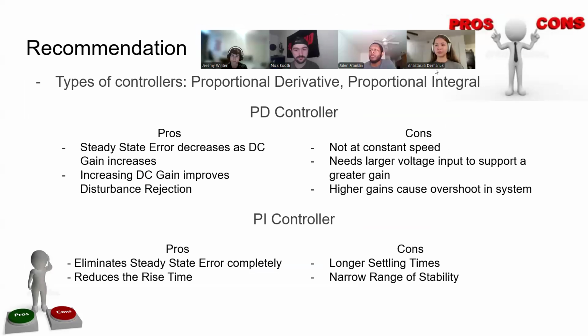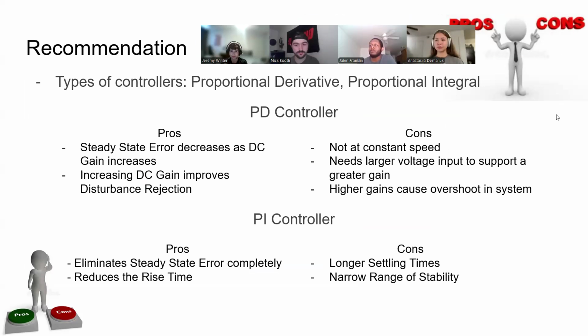Before we went over which controller we chose, we wanted to have a list of pros and cons based off of the graphs that we were seeing in the previous slides. For the PD controller, one of the biggest pros was the steady state error decreased as the DC gain increased.